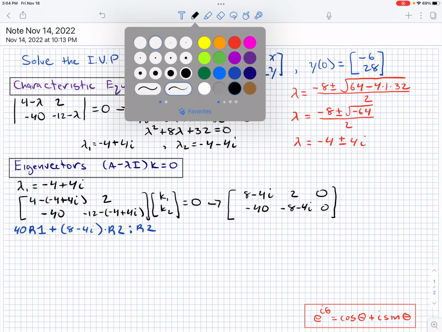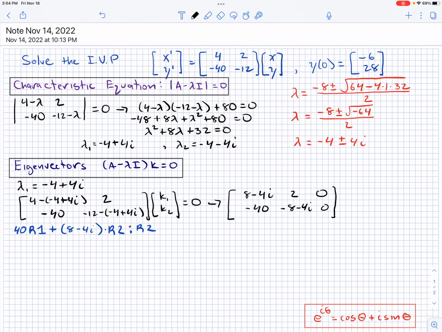So doing that enables us to simplify one of the rows, as you see. So we leave the first row alone, essentially, so it's going to be 8 minus 4i, 2, 0. That's not going to change. It's the second row that everything gets adjusted in, and that ends up being 0.